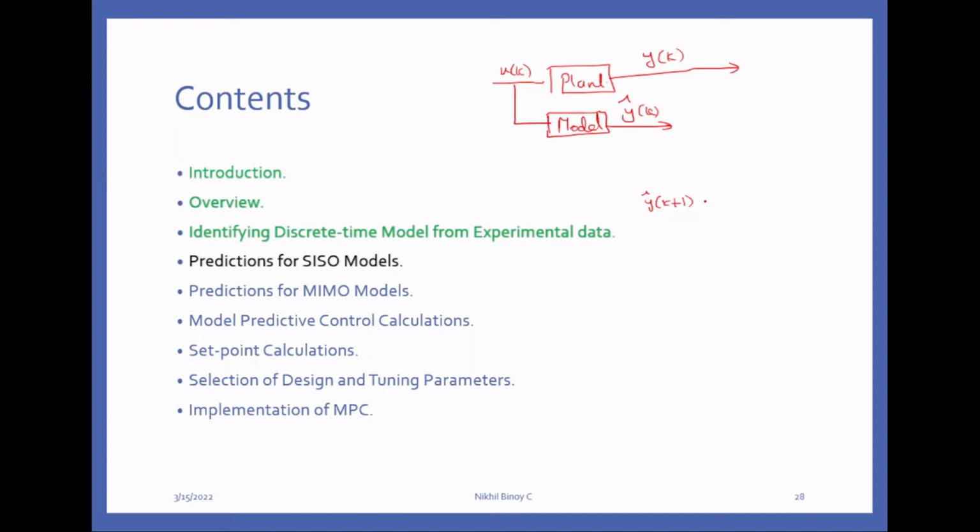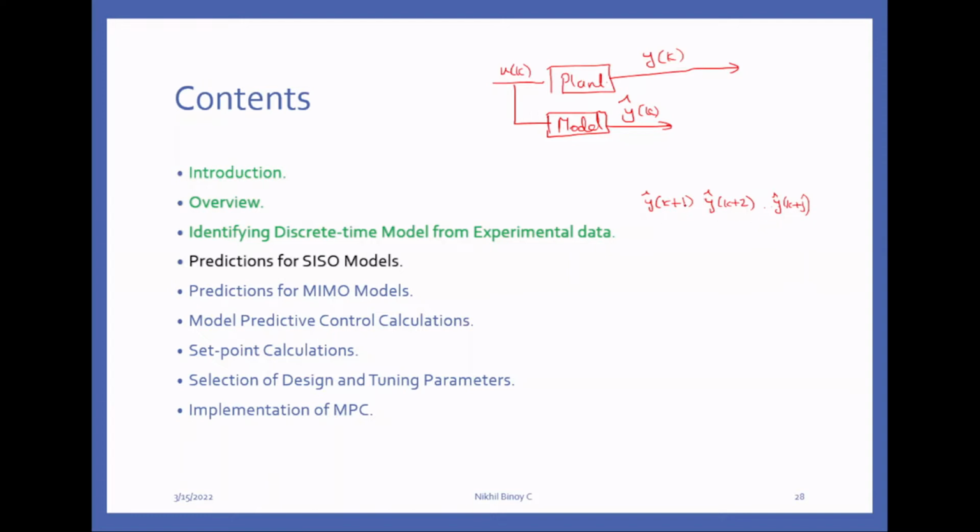Then we discussed about y cap of k plus 2. It is known as two step ahead prediction. Means if k is the current instant, then what is the output after 2 instants? That is two step ahead prediction, etc. We discussed about y cap of k plus j, means j step ahead prediction.